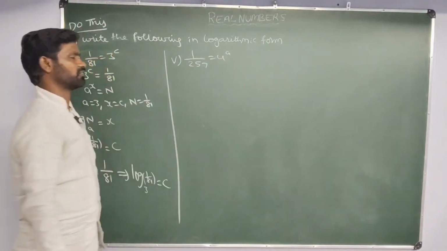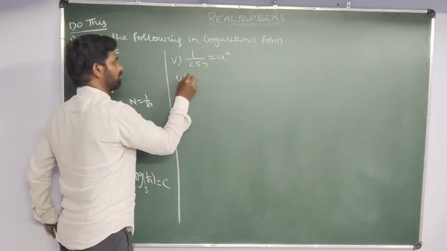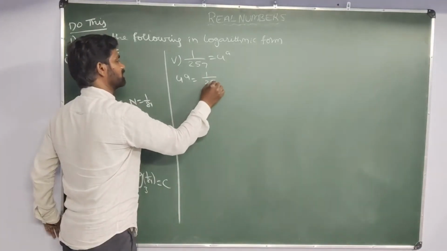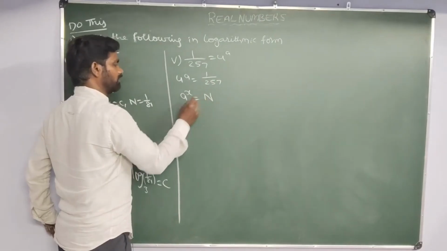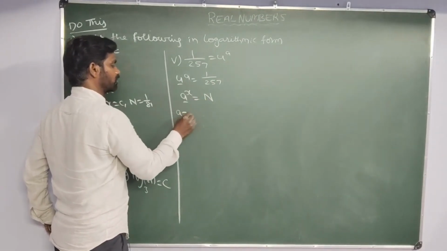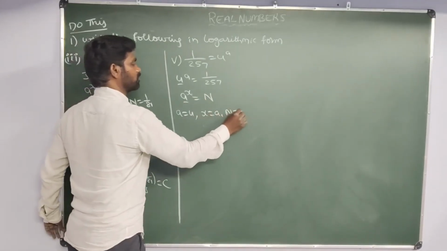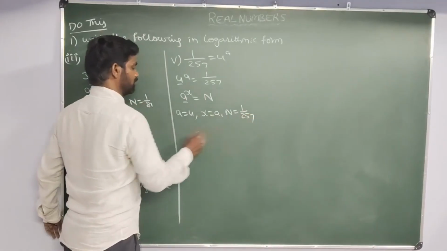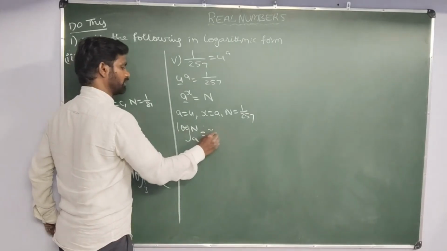Next question, fifth question, 1 by 257 is equal to 4 power a. So 4 power a is equal to 1 by 257. Compare with the exponential form, a power x is equal to n, where a is equal to 4 and x is equal to a, and n is equal to 1 by 257. So write in the logarithm form, log n base a is equal to x.